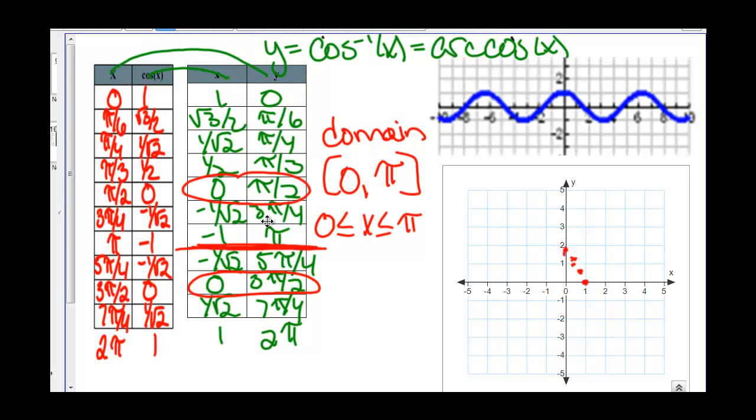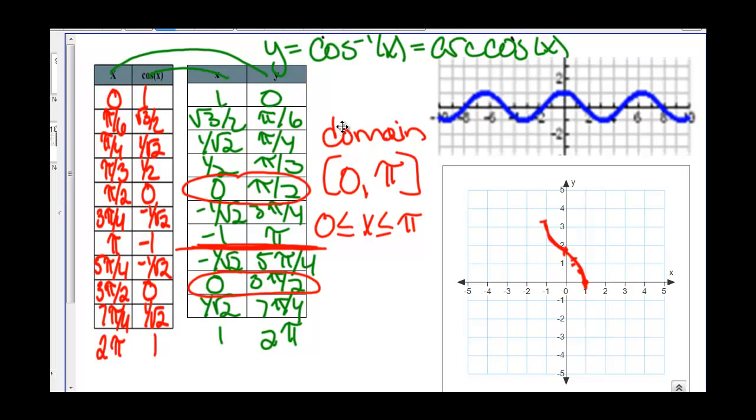Then we have negative 1/2, 3 pi over 2. We have negative 1/2, 3 pi over 4. We have negative 1, pi. So when we connect these, this is our inverse cosine.